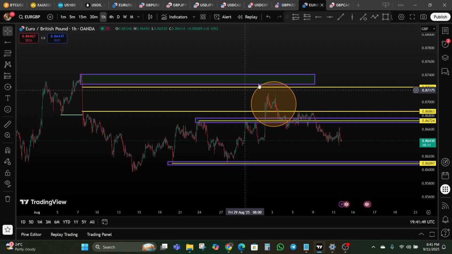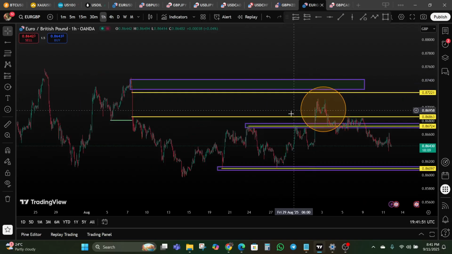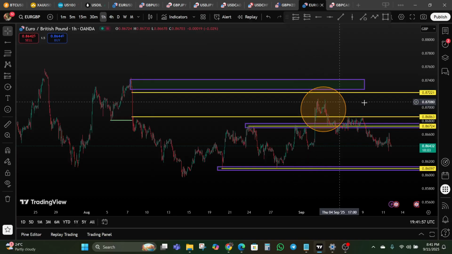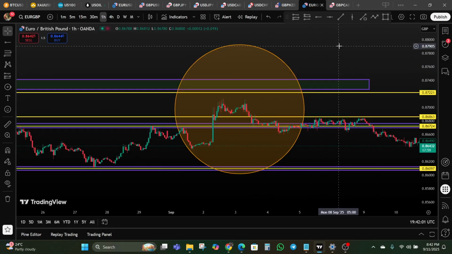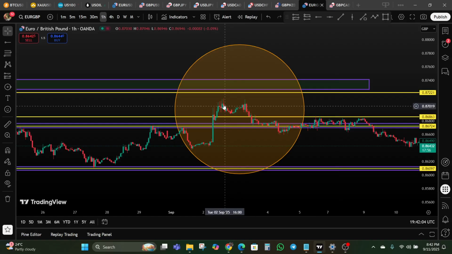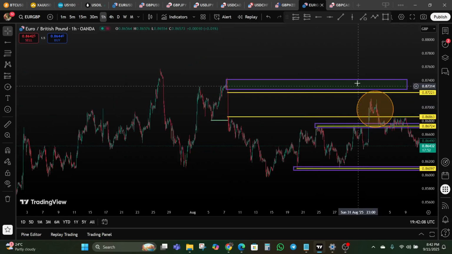But if you are the kind of trader that starts looking for your entry right from the time that price gets into a fair value gap, then you want to start looking out for bearish confirmations. So had you got a bearish confirmation, maybe like this, I would still recommend your stop loss to be above the order block zone, just in case price wants to misbehave.